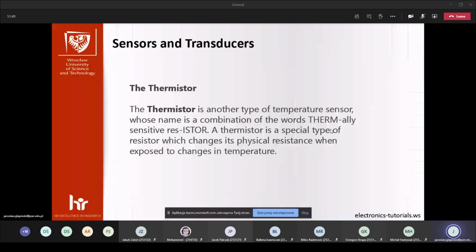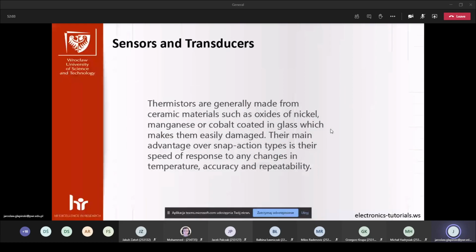So we use some kind of material that changes its resistance properties due to the temperature. Thermistors are generally made from ceramic materials, such as oxides of nickel, manganese, or cobalt, and they have properties that change the resistance due to the temperature.